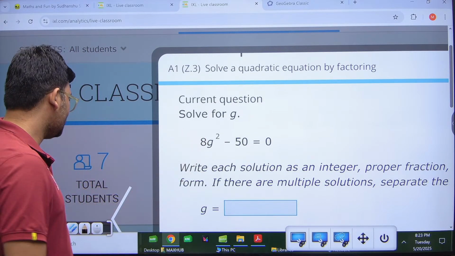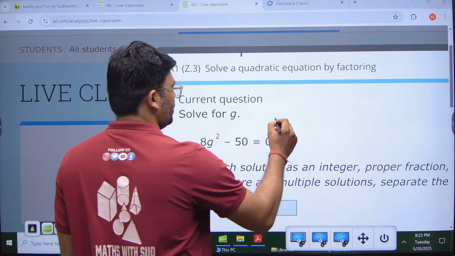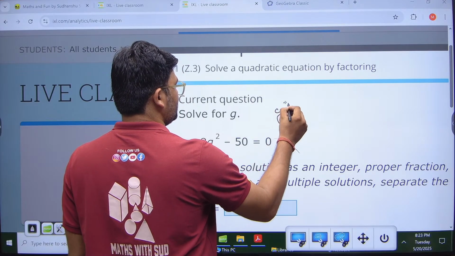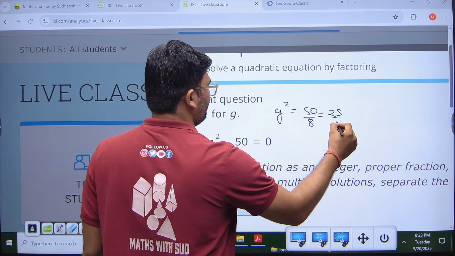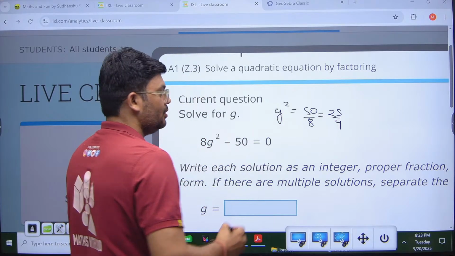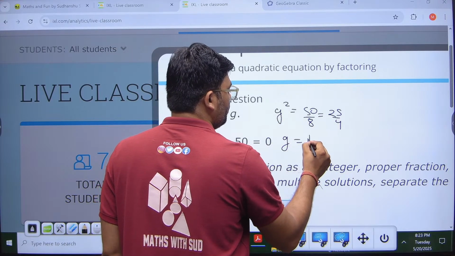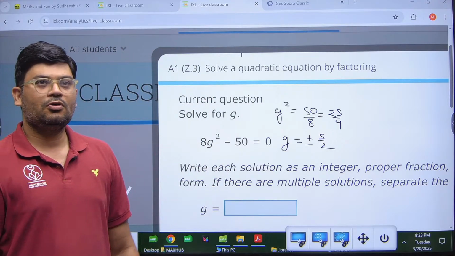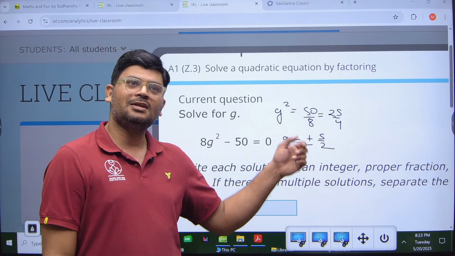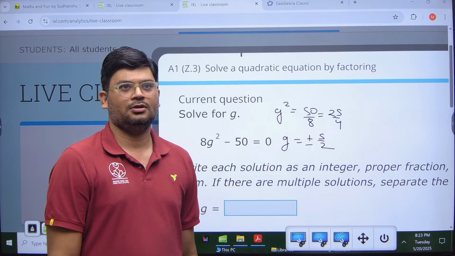These kind of questions in which you don't have C, you can write like this: g square is equal to 50 by 8, which can be further broken down to 25 by 4, right? So g will be equal to plus minus 5 by 2, because the square of minus and plus both are the same.